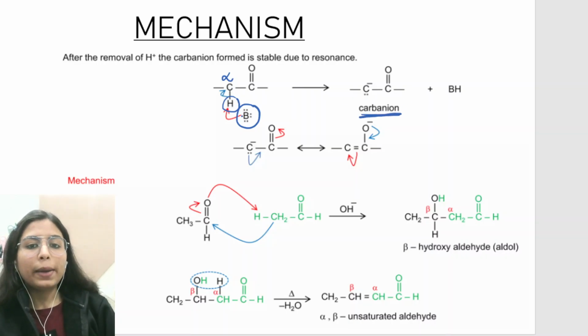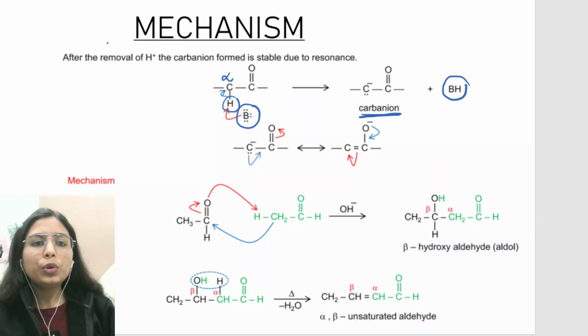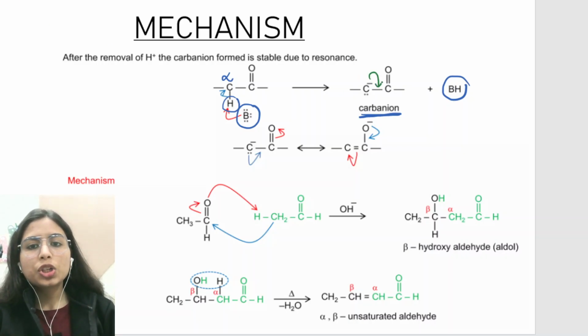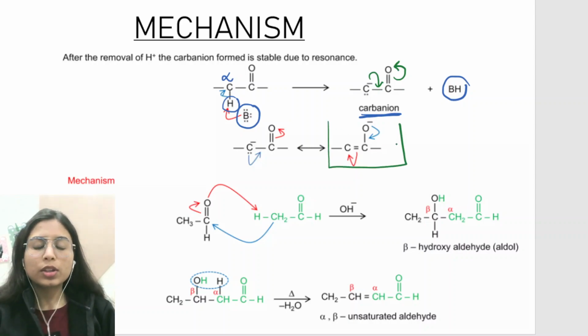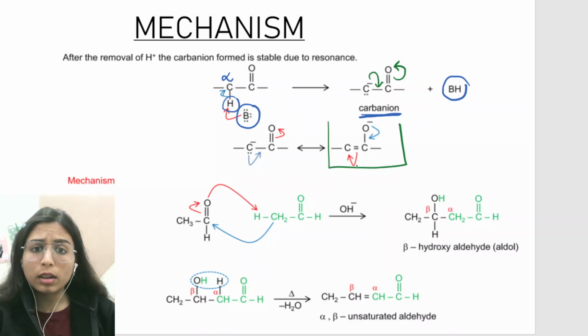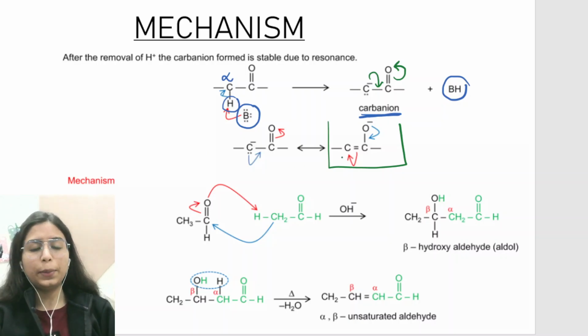The base will pair up with hydrogen to form BH. It will neutralize itself. Now you know that you have studied resonance. This negative charge can resonate with this oxygen, and you can draw the other resonating structure for it as shown over here. So this is the resonating structure, which lets us look at the stability.